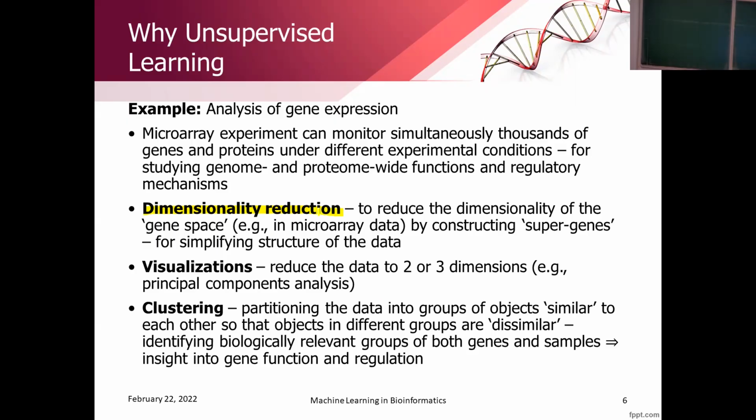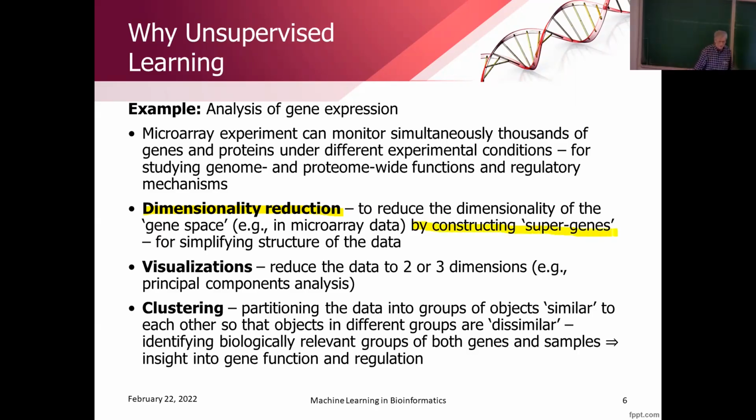If we can substitute the original data with very long rows with matrices with some small number of columns, short rows. So this is sometimes denoted as construction of supergenes.